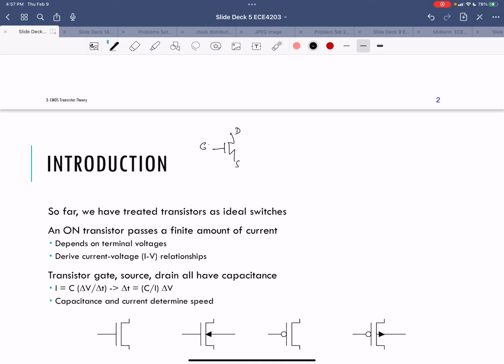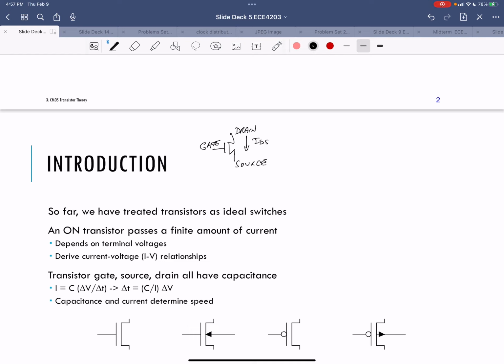The 3 terminals are the gate, the drain, and the source, and then you have the current going from drain to source, IDS. So really, when we're looking at a CMOS inverter, what we care about is the relationship between these 3 voltages and this drain current. Those are the real important issues.